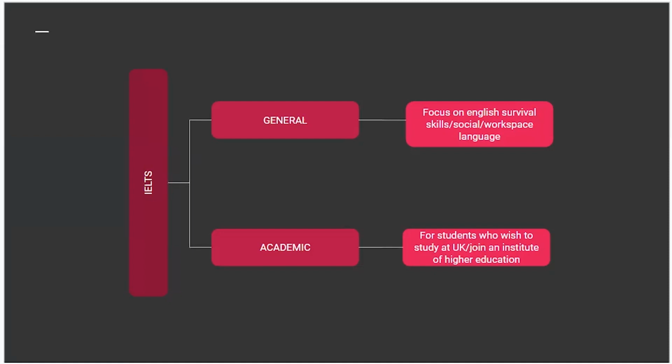The academic module is completely different. It is meant for students who wish to study in the UK or join an institute of higher education. So it is purely meant for students who want to focus on further studies abroad.